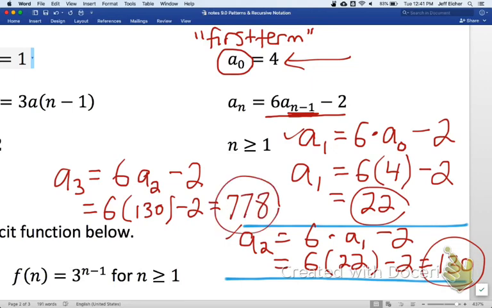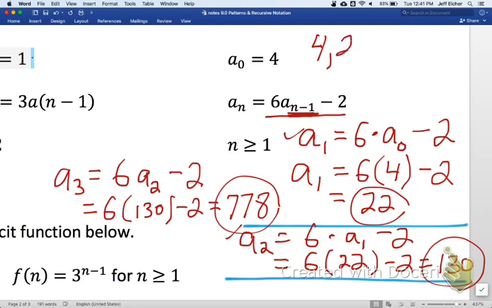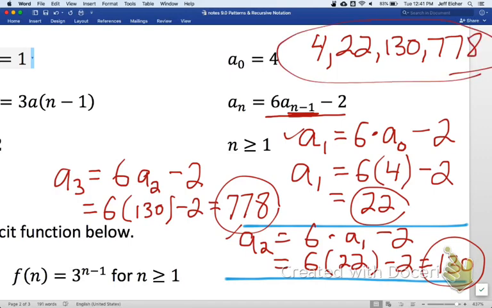So our sequence that we would have, we start at 4, then the next 3 terms are 22, 130, and 778. So those are our next three terms after 4, our starting point.